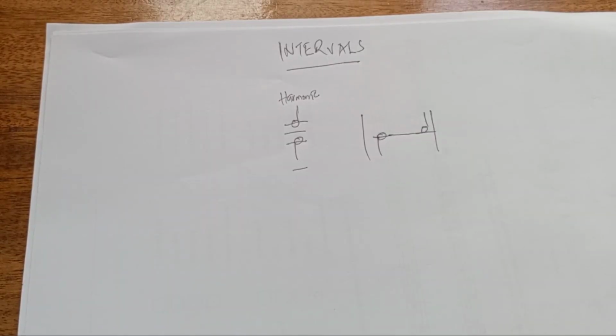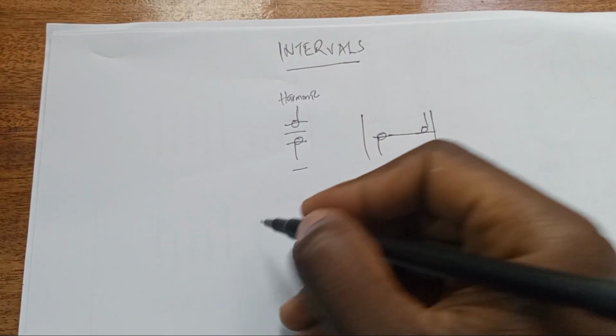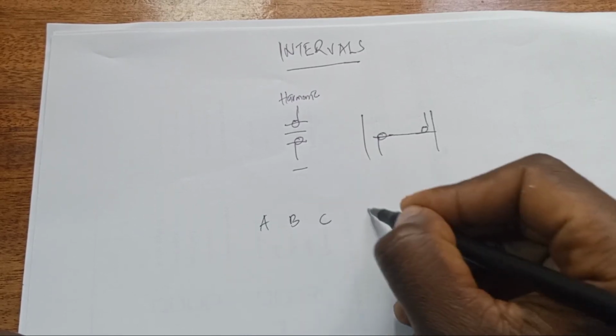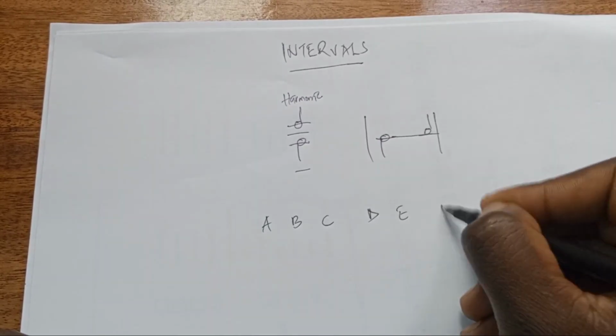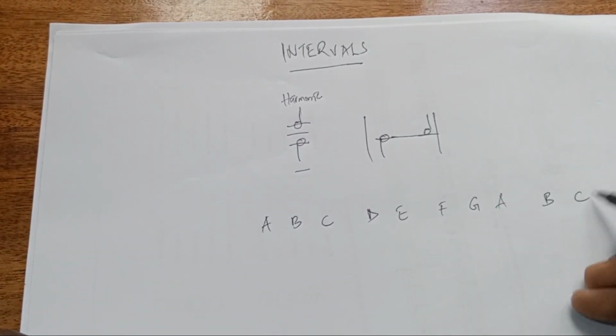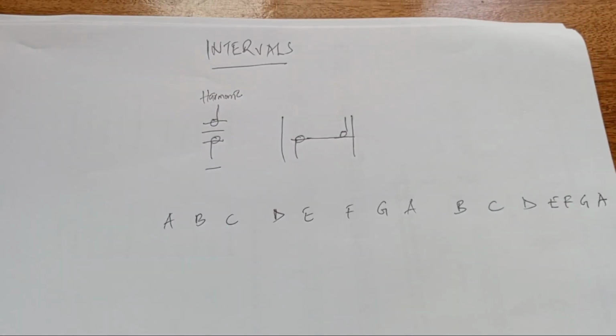For example, we have only 7 letters in music: A, B, C, D, E, F, G. Then you go back to A, B, C, D, E, F, G, up to A. All these letters represent tones, or notes, in music.